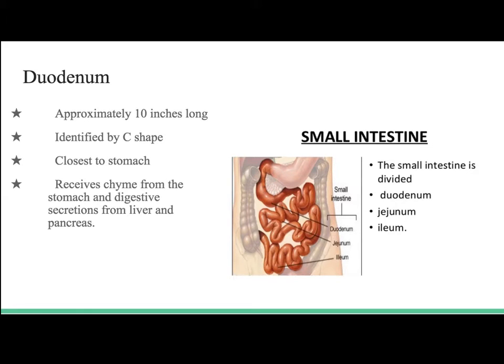So this duct, and I'm actually going to draw it in here just to give you a little bit of perspective, comes all the way down here and then enters right about there. So this is the common bile duct, and its responsibility is basically to bring in all of the bile from the liver, and then all of those enzymes from the pancreas.